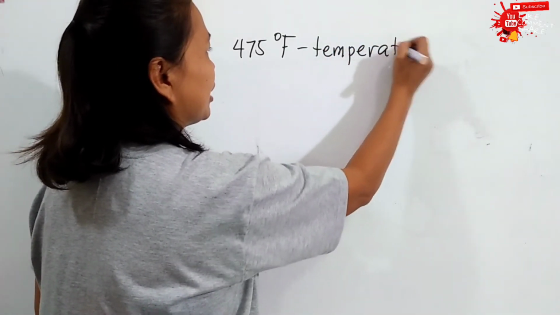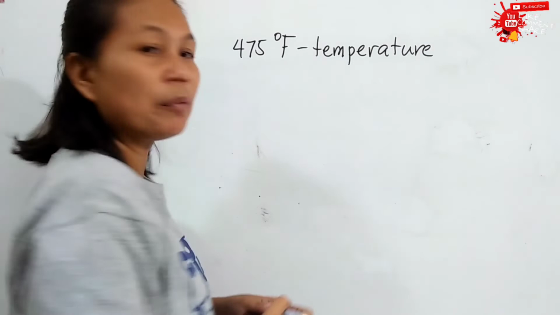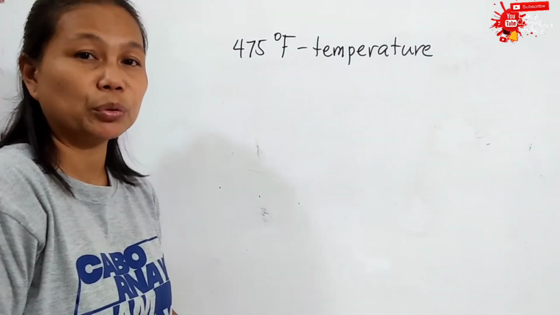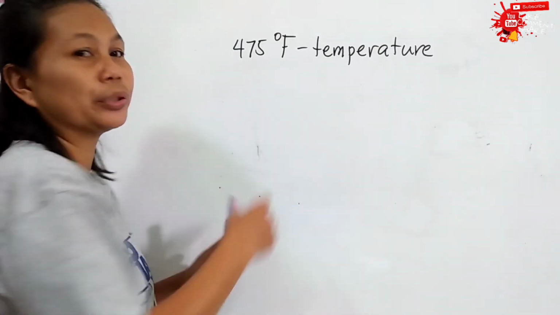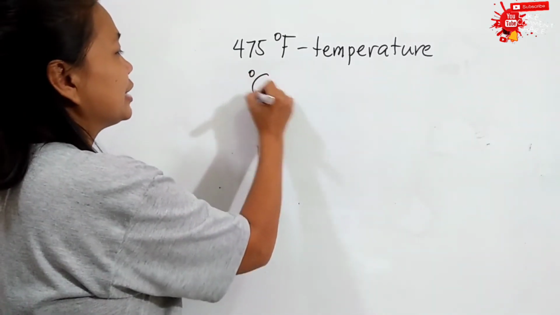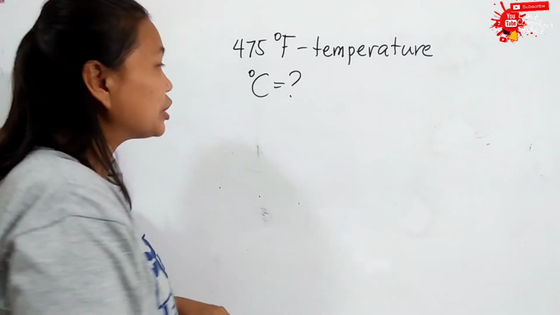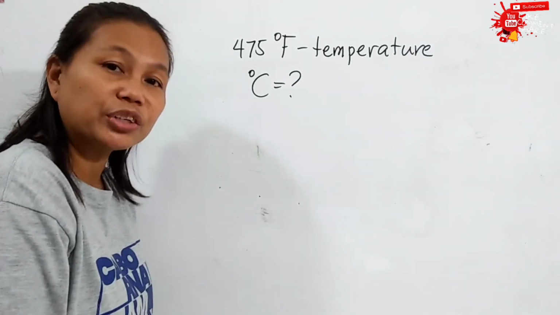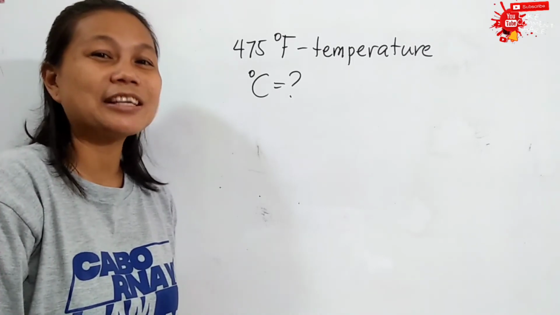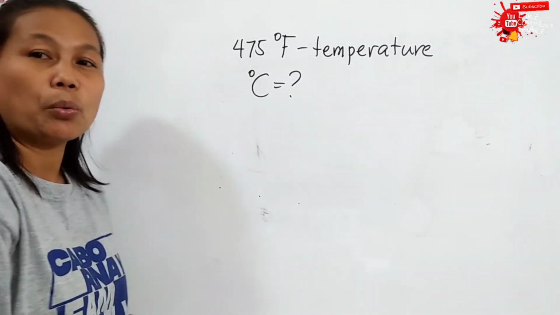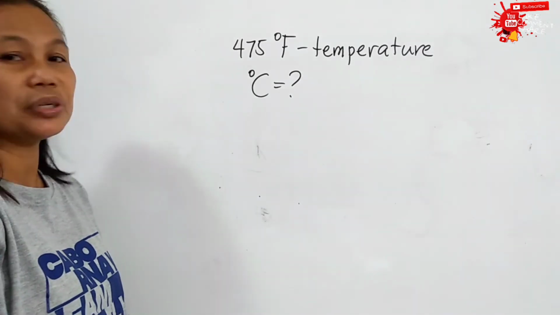But since it is in degrees Fahrenheit and the oven to be used is in degrees Celsius, we have to convert the given temperature to degrees Celsius. So think, what formula are we going to use to convert 475 degrees Fahrenheit to degrees Celsius?